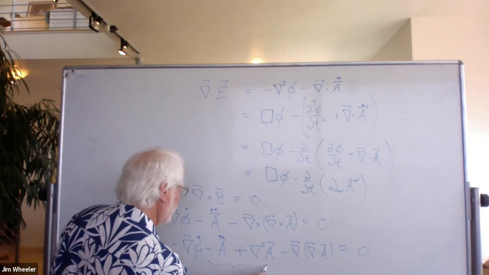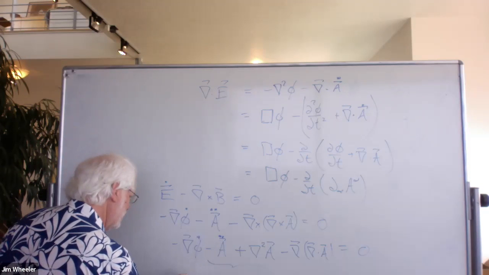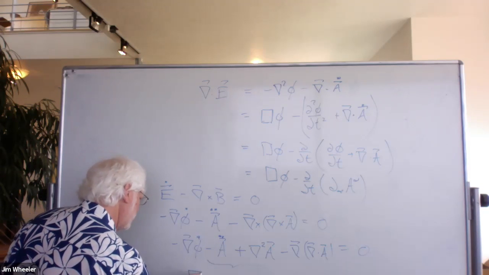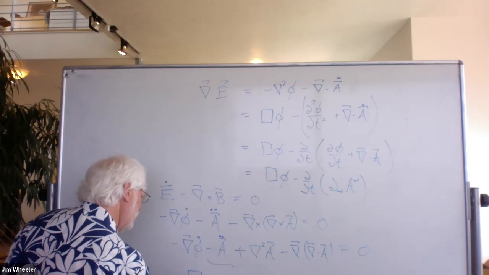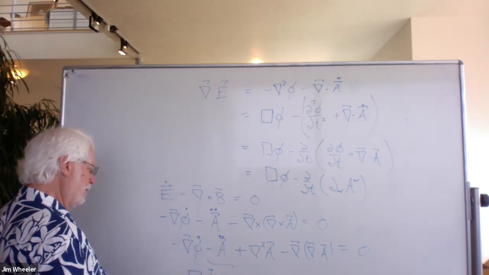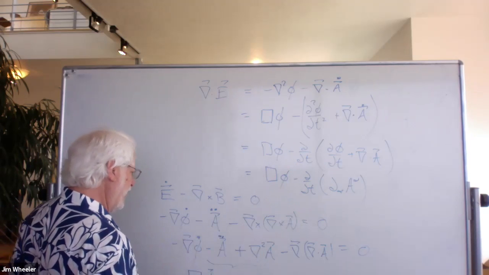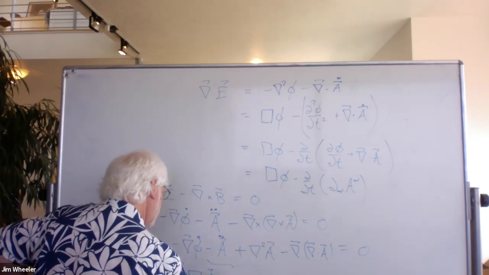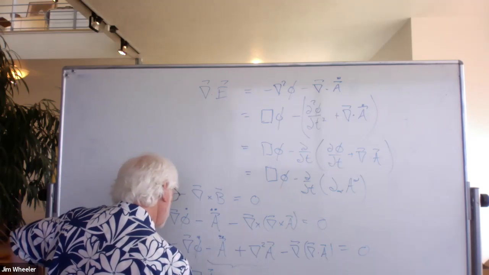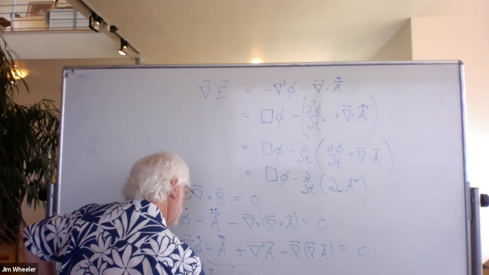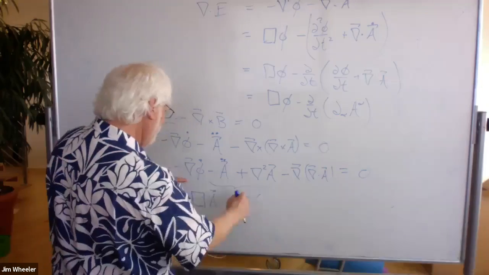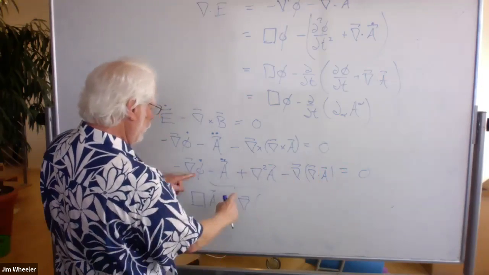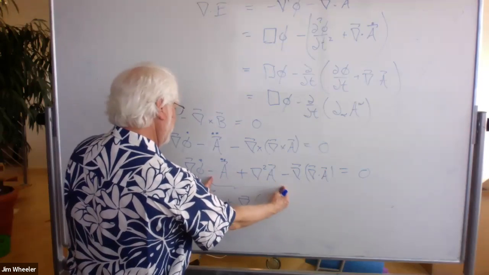Well, this part is minus box again. So I can write box of the vector potential, change the signs of everything. And what have we got? Let's see, that becomes plus the gradient of... So change the sign of the whole thing, and this becomes plus a box here.